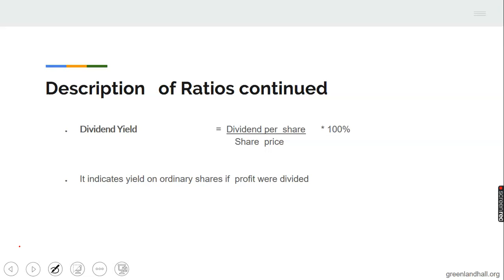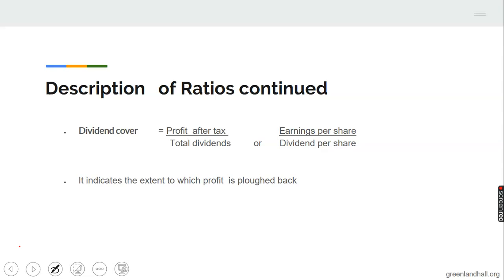It indicates yield on ordinary shares if profit were divided. That is, if the profit made is actually divided, it shows what should have gone to each unit of share.